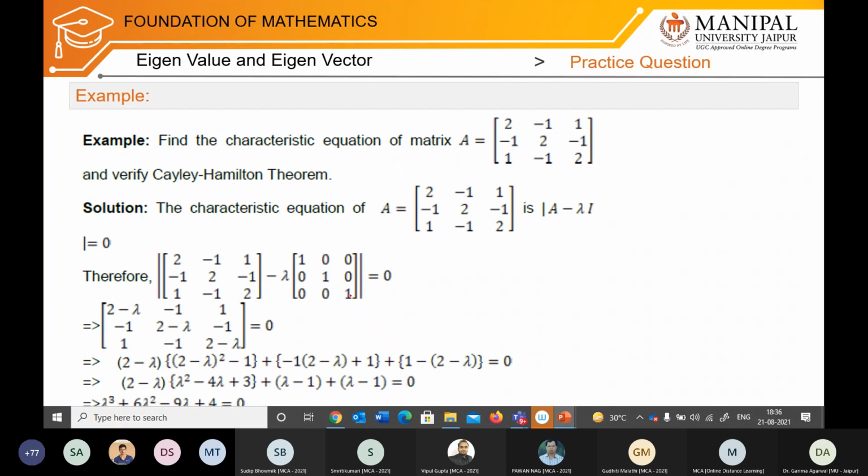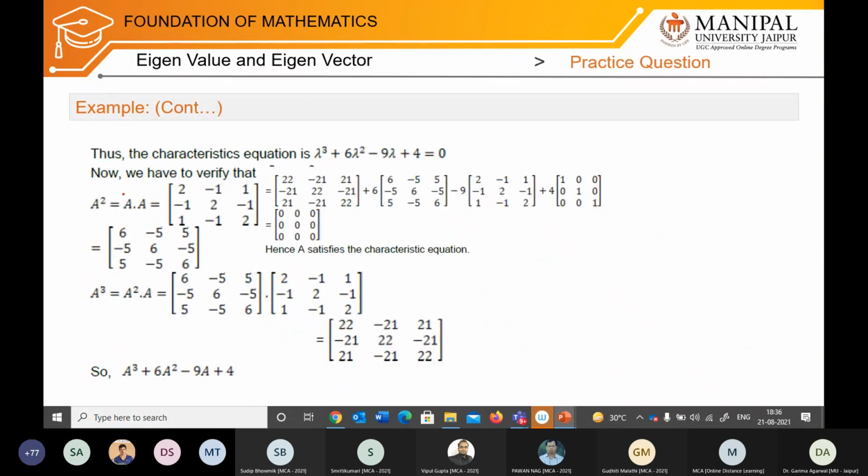Now in this example, find the characteristic equation of this matrix and verify the Cayley-Hamilton theorem, right? So how can we find the characteristic equation? Determinant of A minus lambda I equals 0. If we solve this determinant, we can find this characteristic equation. Now substitute lambda equals A. So it is A cube plus 6A square minus 9A plus 4I equals 0.